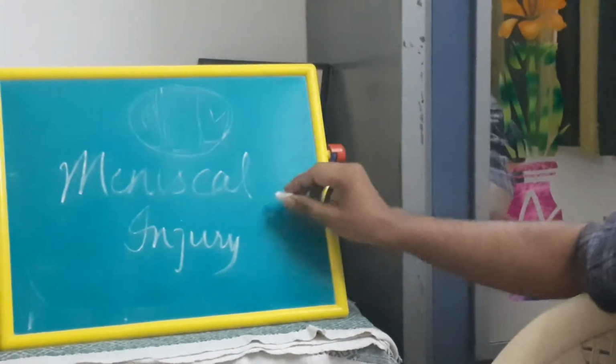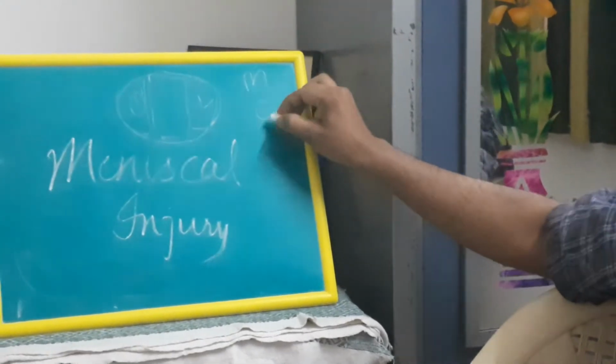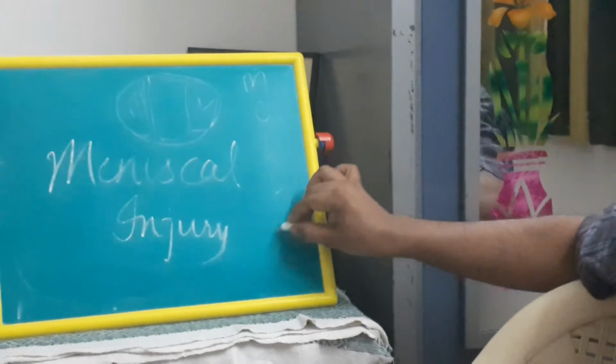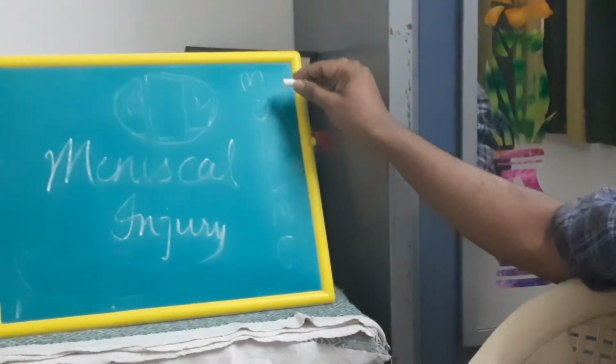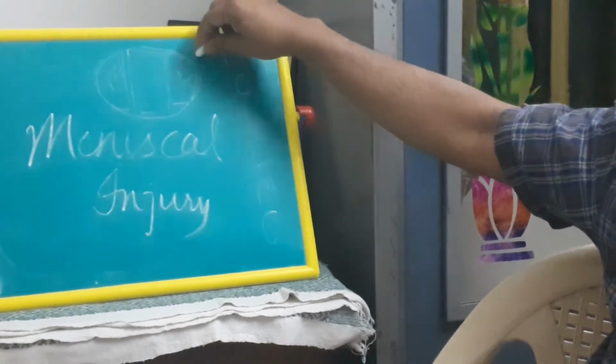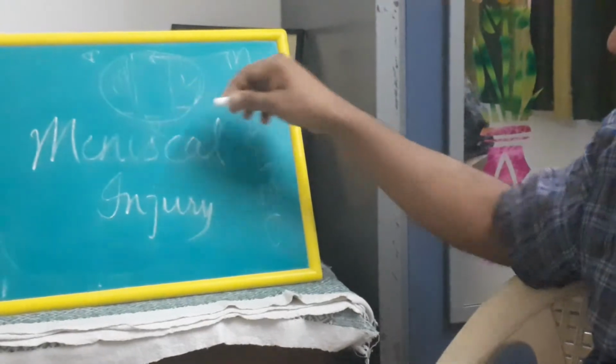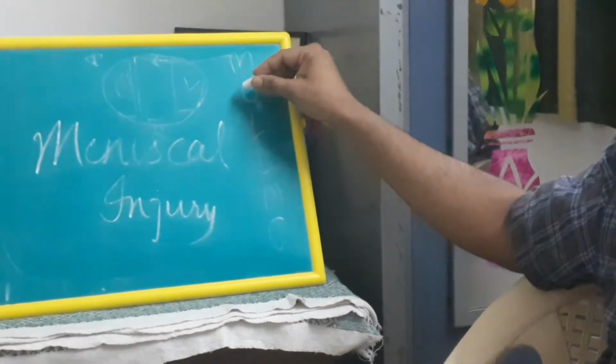There is a mnemonic for the attachments from front to posteriorly. It's called MCL LMC. There are multiple mnemonics. This is one that I remember. So, this is anterior and this is posterior. The anterior most attachment is the medial meniscus.